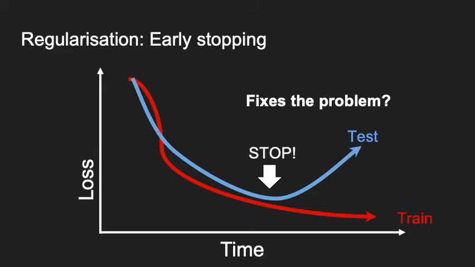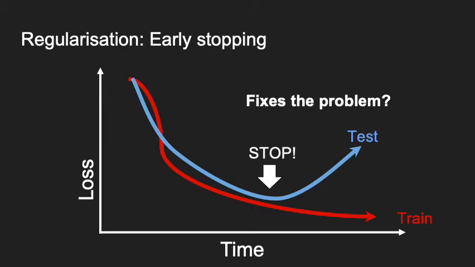So there's a first regularization method. It's called early stopping, and with early stopping you just stop at that point of inflection. So here the question is, does that fix the problem? And the answer is no. The reason this doesn't solve the problem is because the point of inflection that you choose on a specific test set is dependent on the test set.